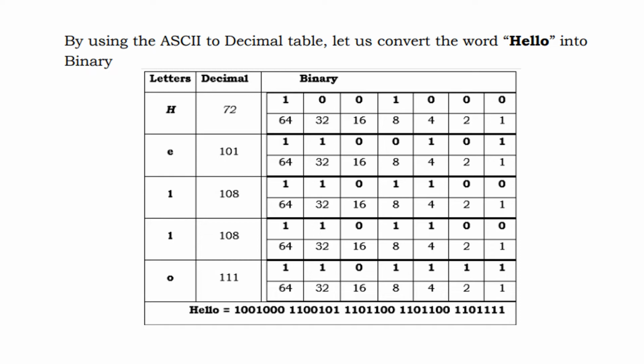How will you do that? You are going to multiply. Okay, let us check. I'm sorry, you're going to divide. So, 72 divided by 2 is equal to how many?